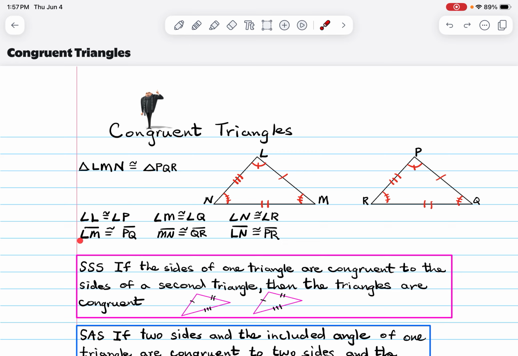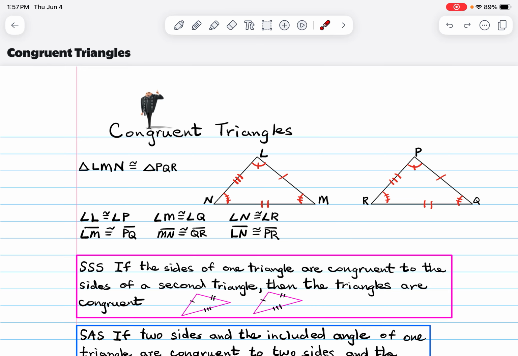LM is congruent to PQ. See? MN is congruent to QR. MN and QR. See? And then finally, LN is congruent to PR. Okay, when this happens, you have congruent triangles.